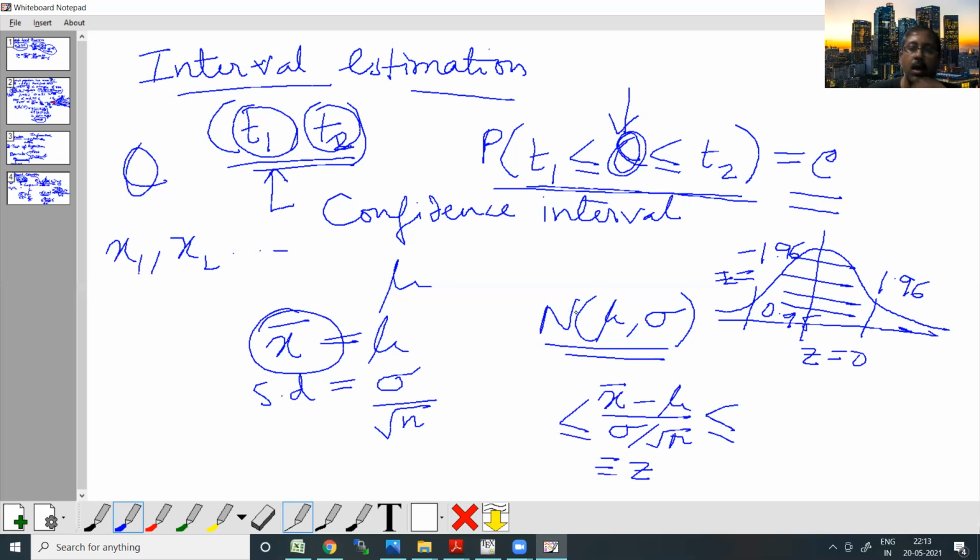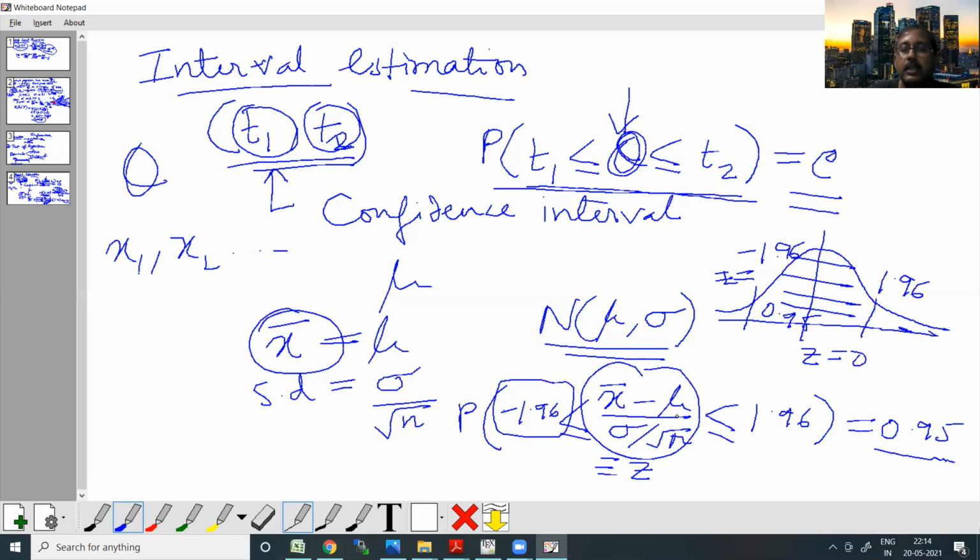So I can write P of z greater than or equal to minus 1.96 and less than or equal to plus 1.96 is equal to 0.95. I call this the 95% confidence interval, because there is a 95% probability that this will fall within minus 1.96 and plus 1.96.